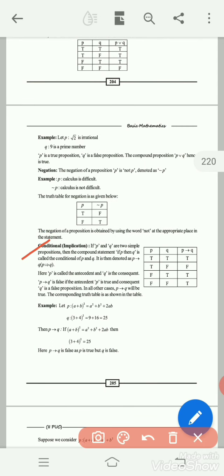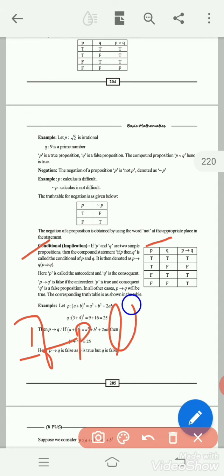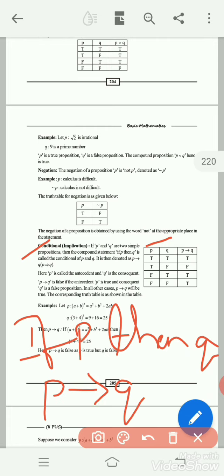If P and Q are two simple propositions, then "if P then Q" is called an implication, which means P implies Q. P implies Q is called a conditional. Here P is called the antecedent, Q is called the consequent.